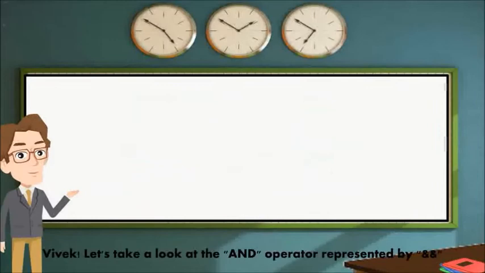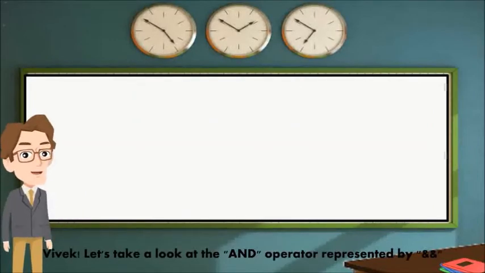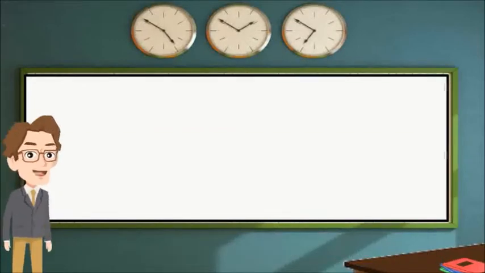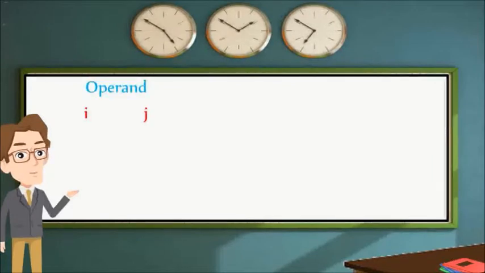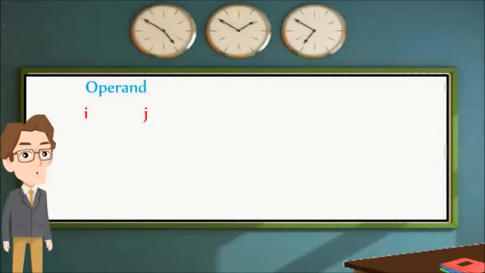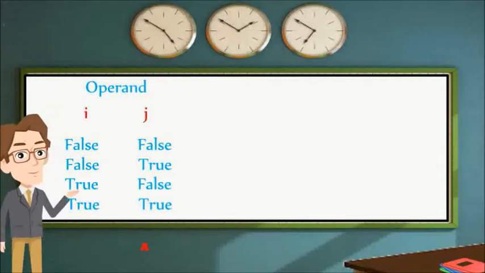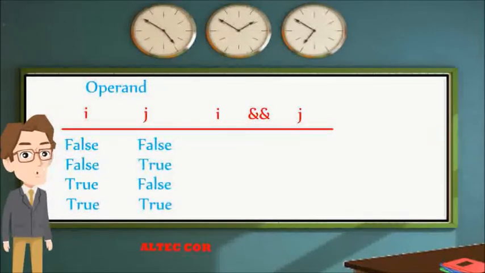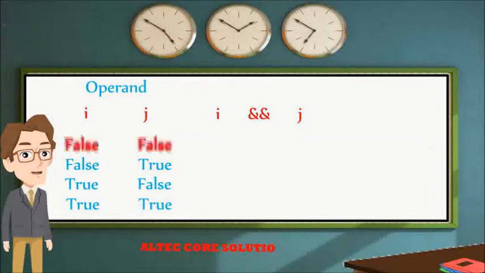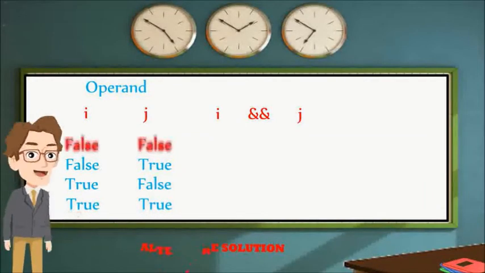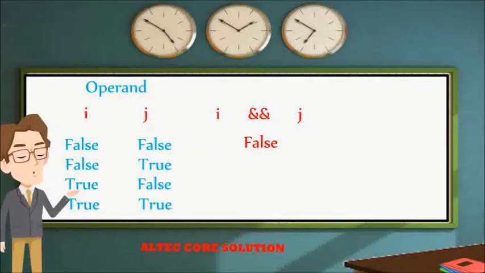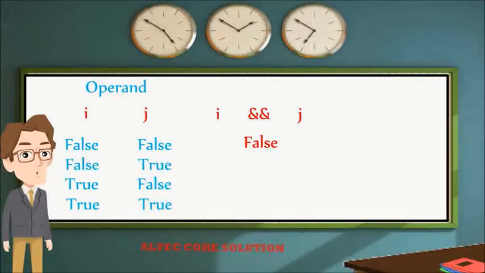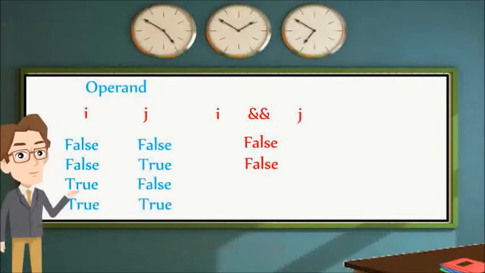So Vivek, let's take a look at the AND operator, represented by double ampersand. Assume there are two operands i and j. With two operands there are four different conditions. In the first condition, if both i and j are false, then i AND j returns false. In the second case, if i is false and j is true, then again i AND j returns false.